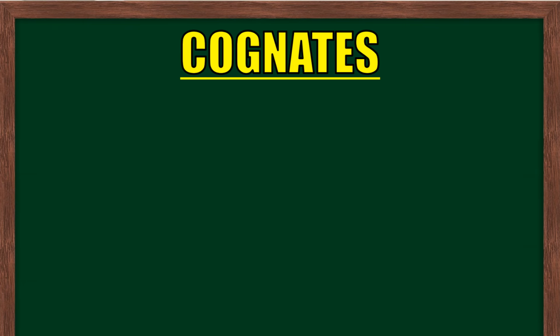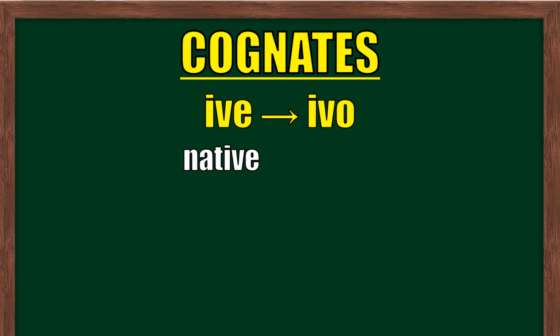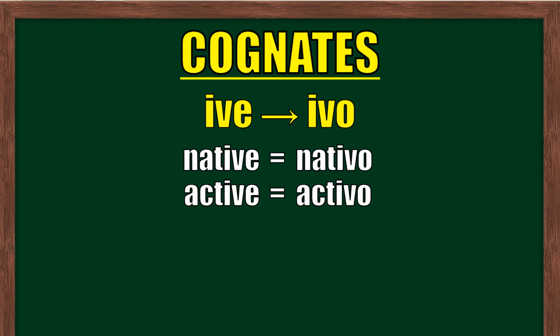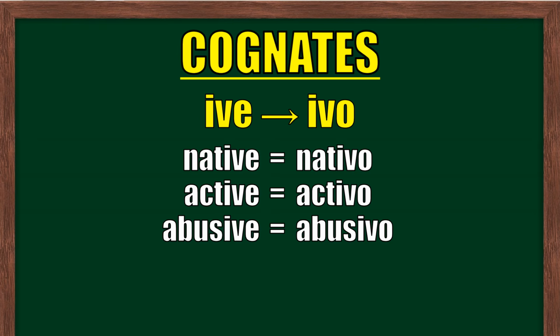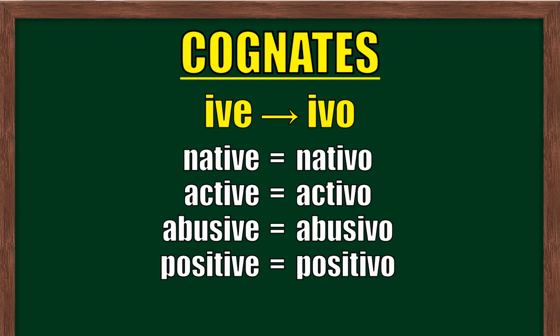Words that end in IVE in English end in IVO in Spanish. For example, native becomes nativo. Active becomes activo. Abusive becomes abusivo. Positive becomes positivo.